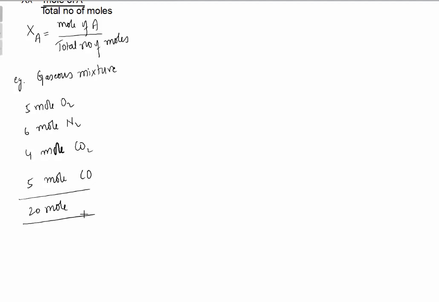Now, I want to calculate mole fraction of O2. Then X O2 is equal to mole of O2 upon total, that is equal to 5 upon 20. X of N2 will be 6 upon 20.